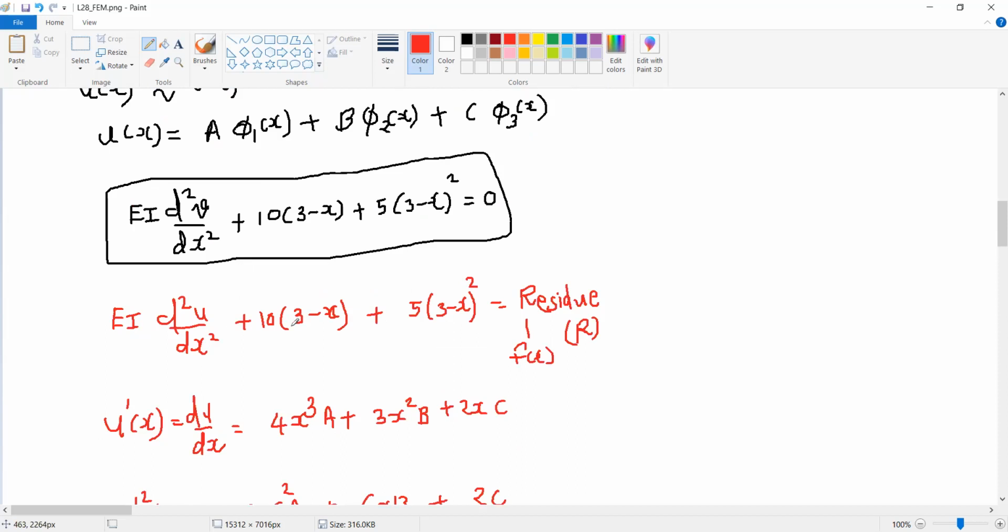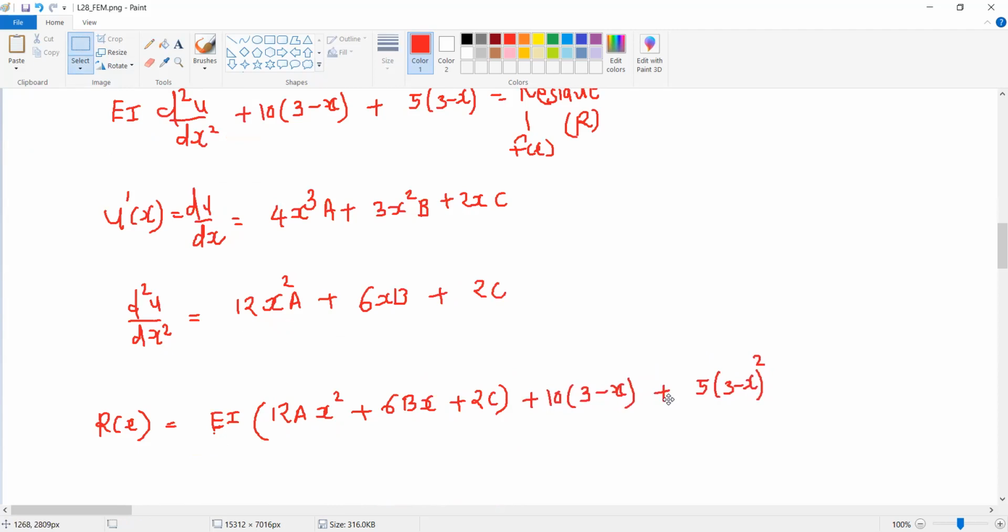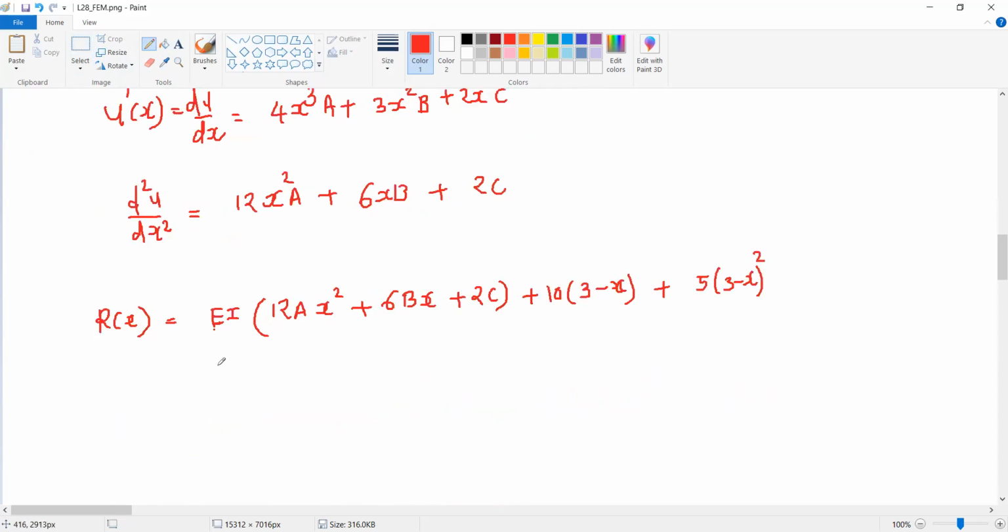And in that I will have to add these two terms. So let me copy these two terms down. These two terms copied here. This is the residue. Now, in weighted residual methods, the next step that we do is we say that we need to minimize the residue in some sense.